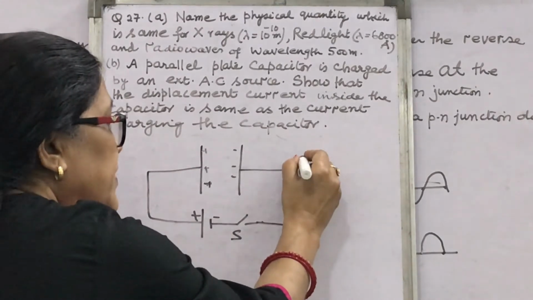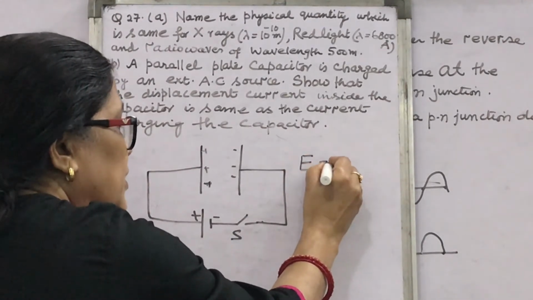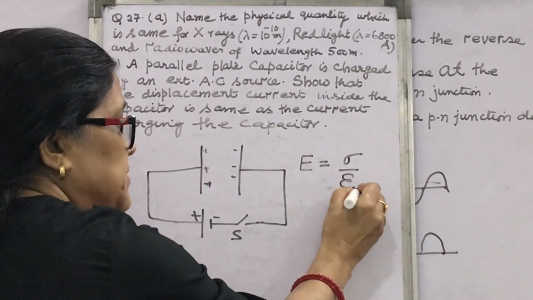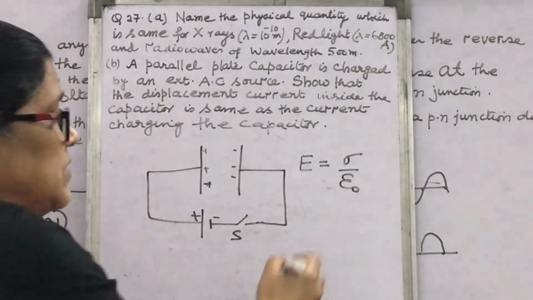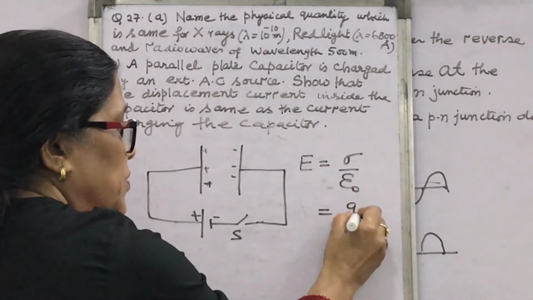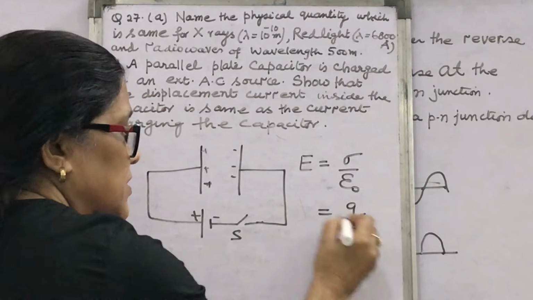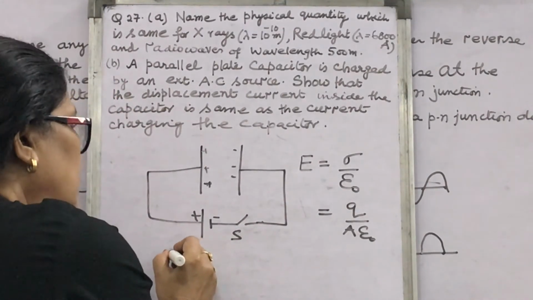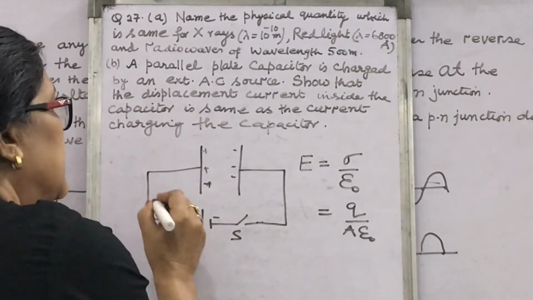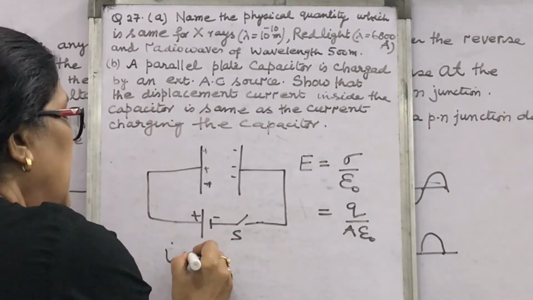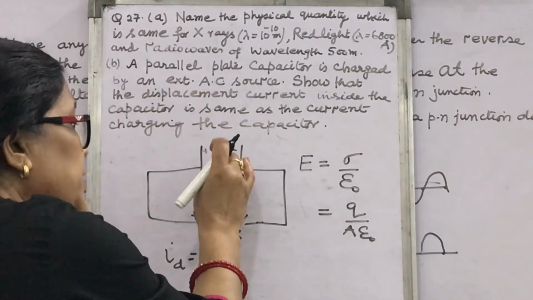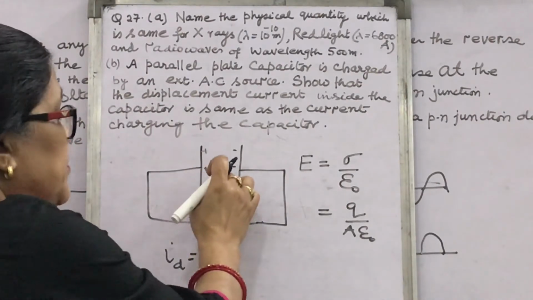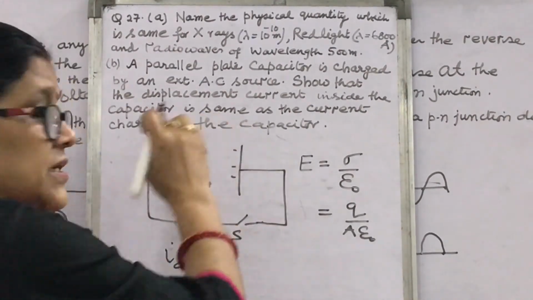The electric field developed between the plates of the capacitor is sigma upon epsilon naught. What is this sigma? You can write Q upon A epsilon naught. You know, the displacement current is defined as the current produced between the plate gap during the charging process of the capacitor due to the change of electric flux.